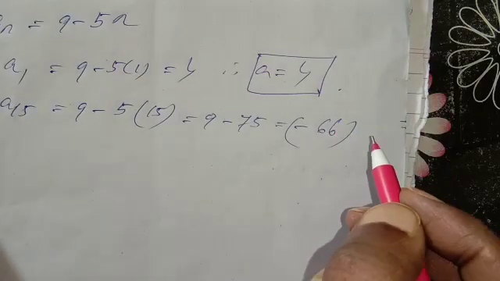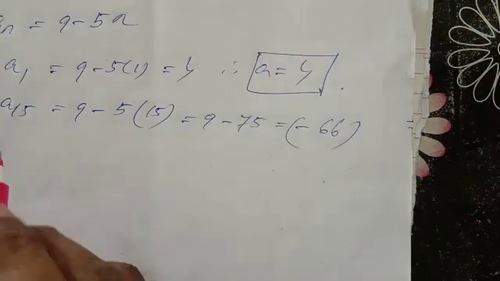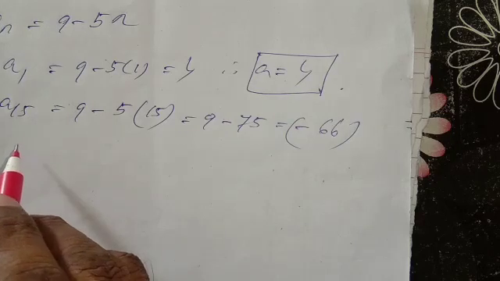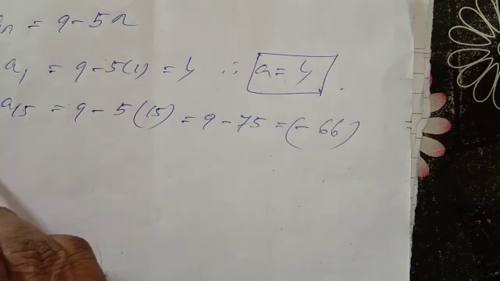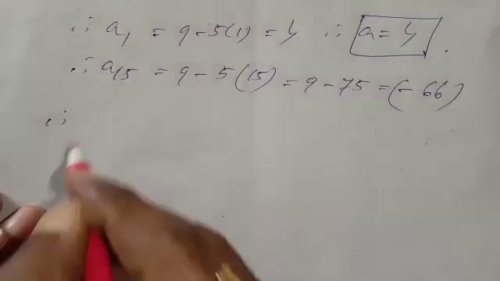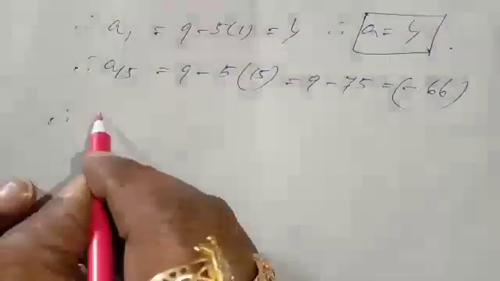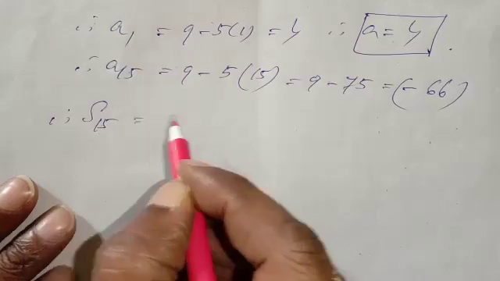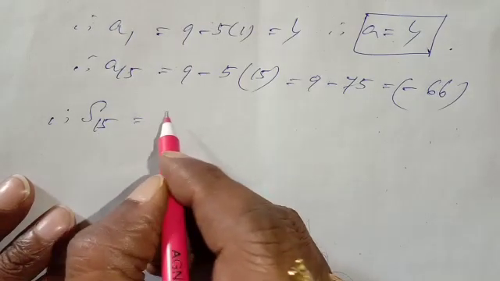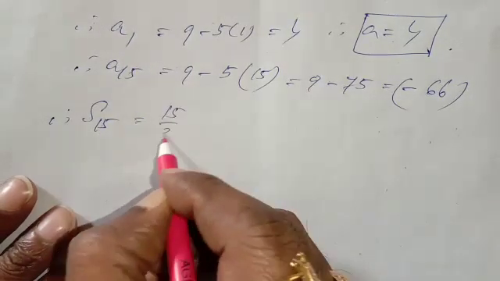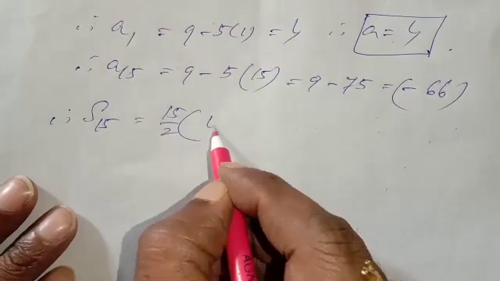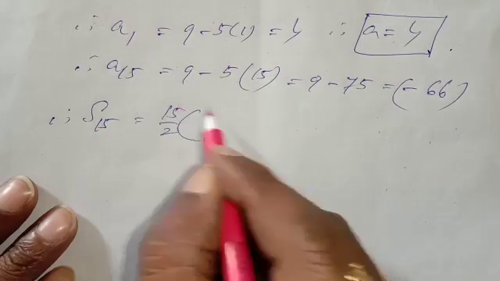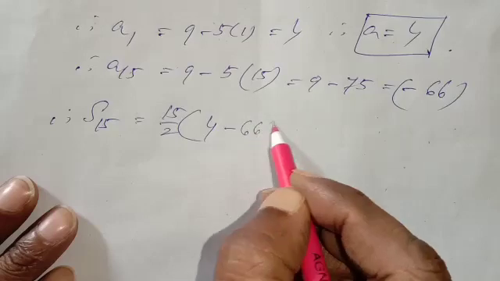This is the 15th term and the last term. And you have to find the sum of 15 terms, that is S15. The S15 formula is n by 2, 15 by 2, into a plus l. a means your first term, that is 4, and the last term, the 15th term, is minus 66.